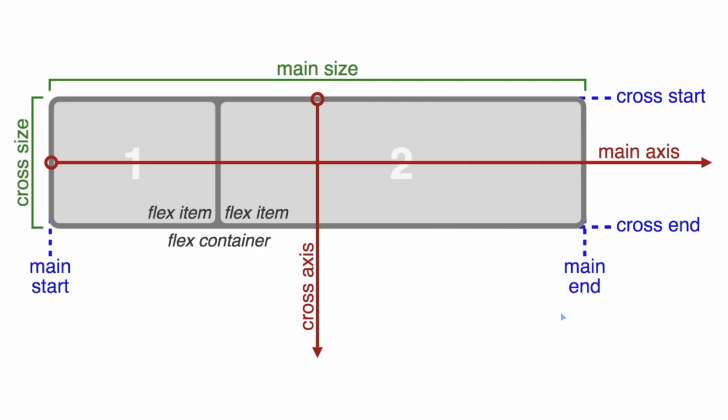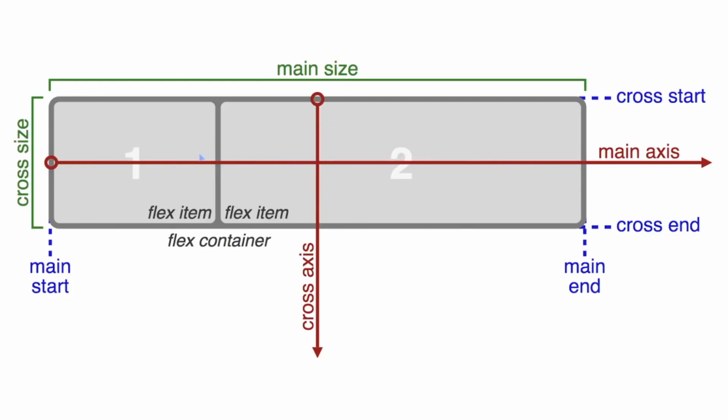The align items property is similar to the justify content property. The justify content property aligns along this main axis right here, but the align items property aligns along the cross axis. And these axes are opposite if you're using a column instead of a row, where the cross axis would be back and forth, left and right for a column, and the main axis would be up and down for a column.